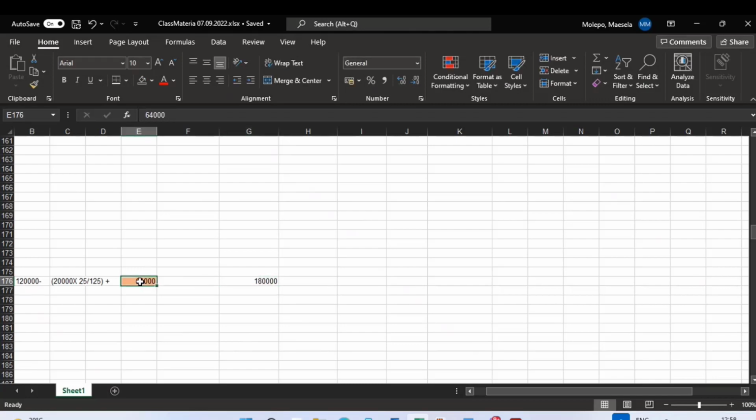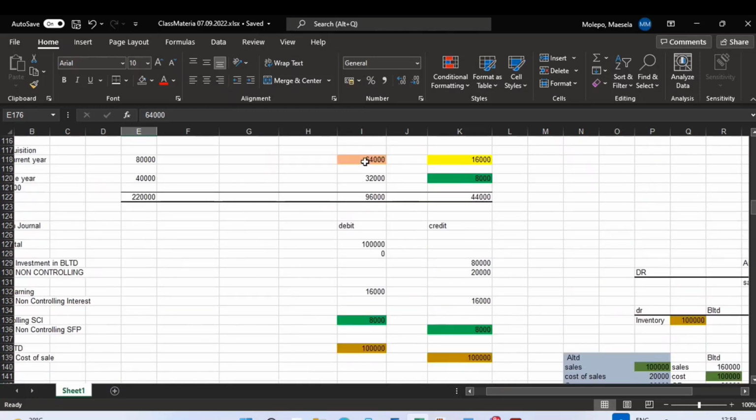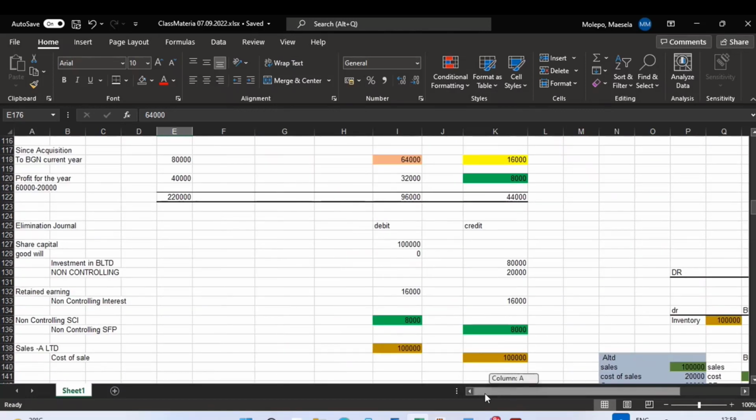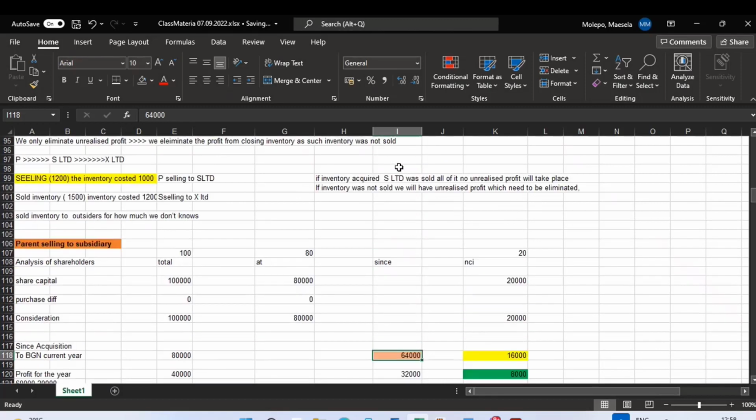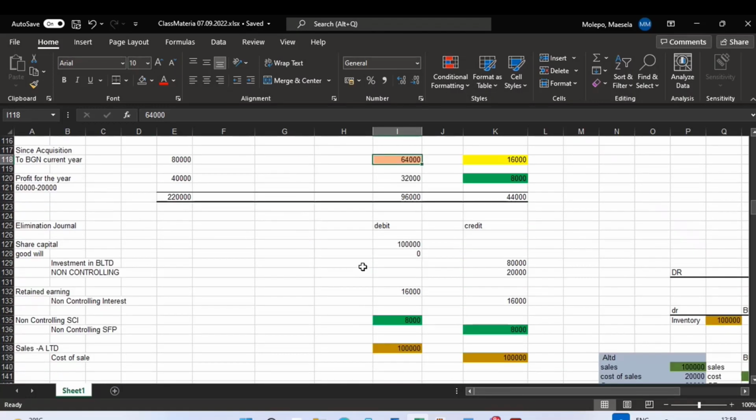The 64,000 came as a result of the profit that was realized when we were doing the since-acquisition up to the beginning of the current year. That was the opening balance in the books of the subsidiary. So we have to take the 80% of it, on the 80,000. When we take 80% of the 80,000, we're going to have 64. Oh, okay. Yes, sir, I remember now. Thank you, sir.